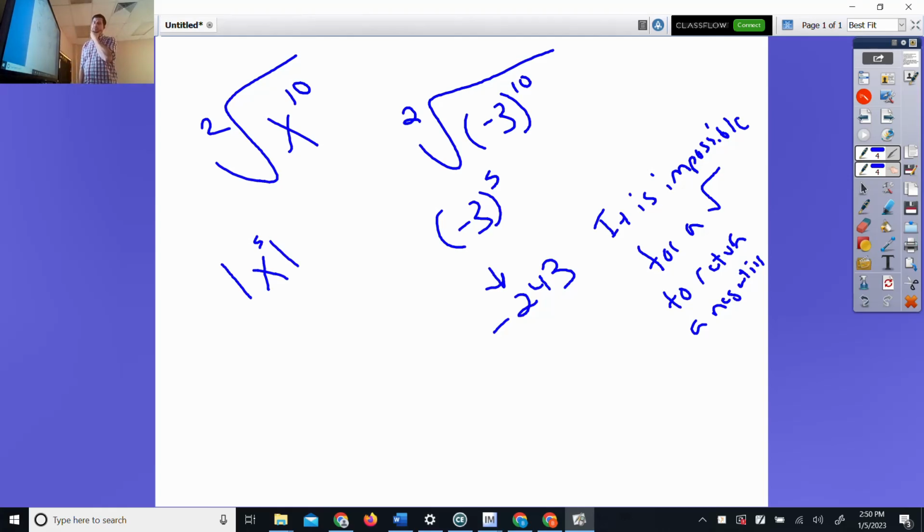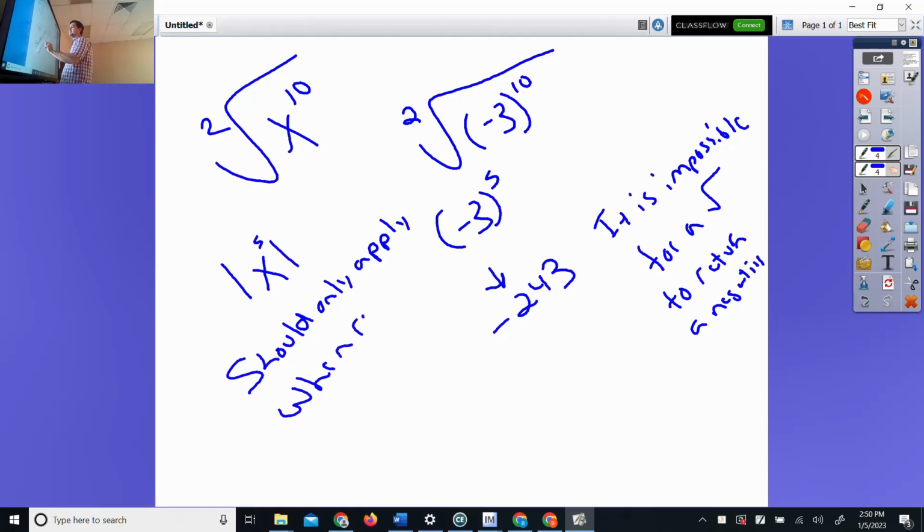And this should only apply, and I'll try and miss one on purpose, but this should only apply when the resulting exponent is odd.